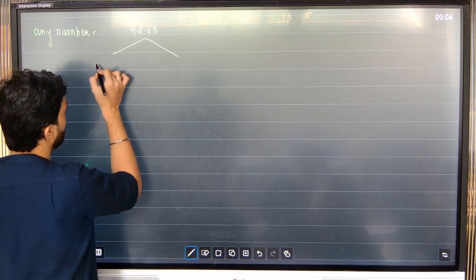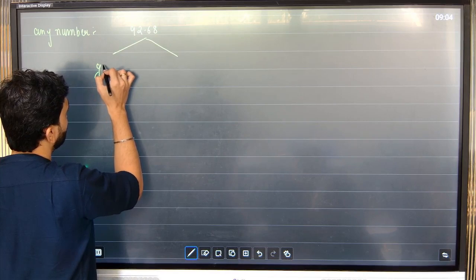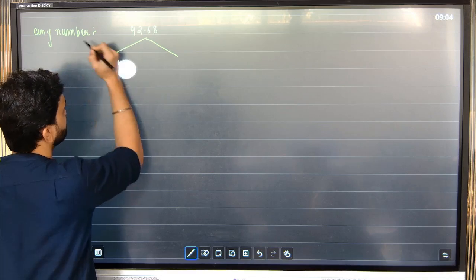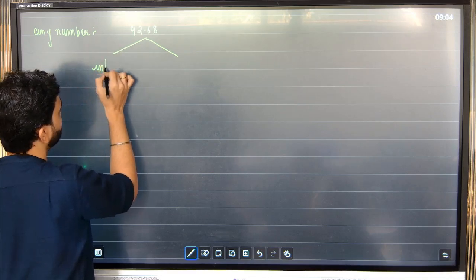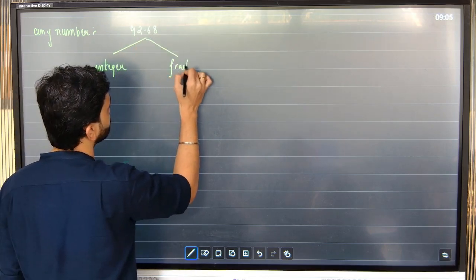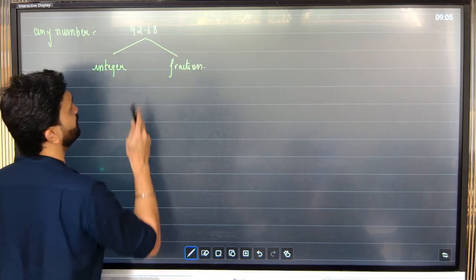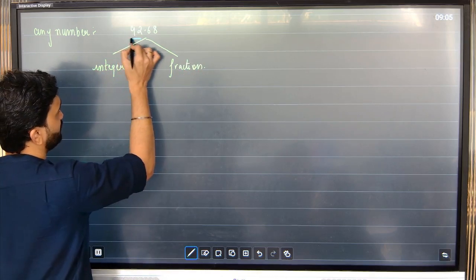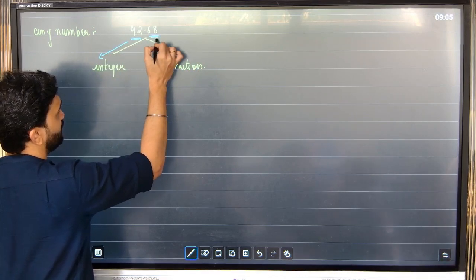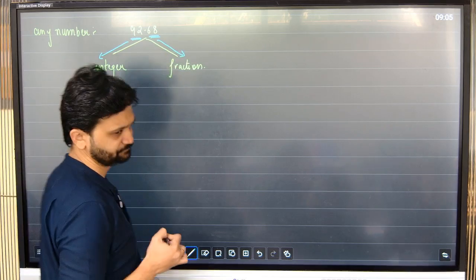This is a combination of greatest integer, that is the integer. It is a combination of integer and fraction. The first part is your integer, and this is your fraction.